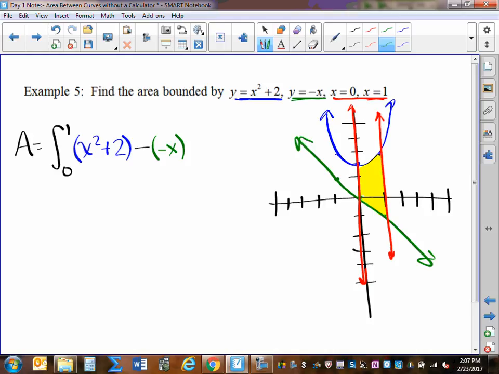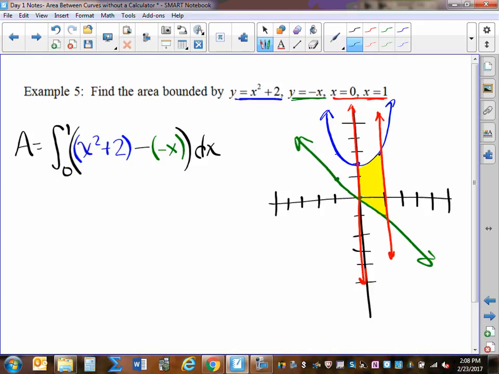Now, it is really important that you use parentheses for that second function, because you're subtracting that. If there's more than one piece, you're going to distribute that negative. And again, we're doing this with respect to x, so make sure you have the x there. It is absolutely vital that you have that part. Alright, and now we just simplify and integrate.